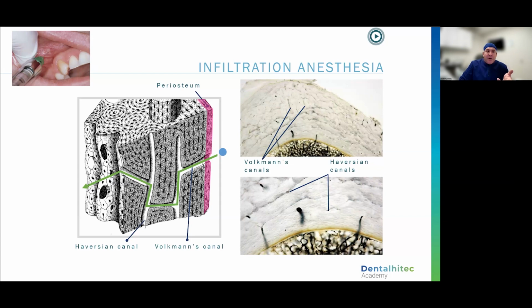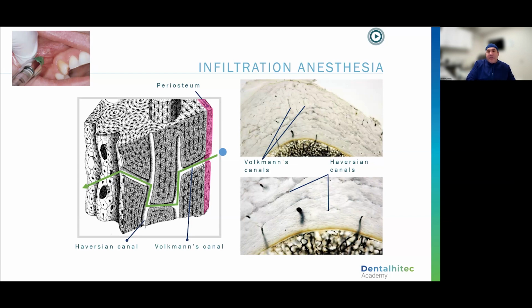These devices are just giving you the velvet rope of skipping past that periosteum and that cortical plate. When we give an infiltration into the soft tissue, that bolus of local anesthesia has to perfuse through the periosteum, and it's got to perfuse through the Volkmann canals and the Haversian canals in that cortical plate to get into the cancellous bone and then down to the apex of the tooth.